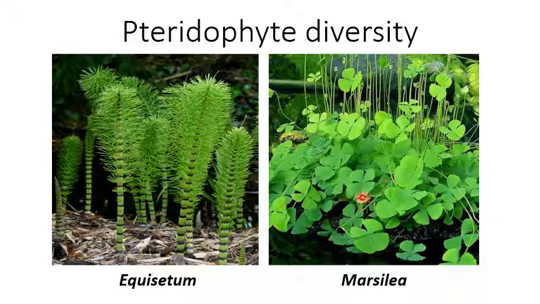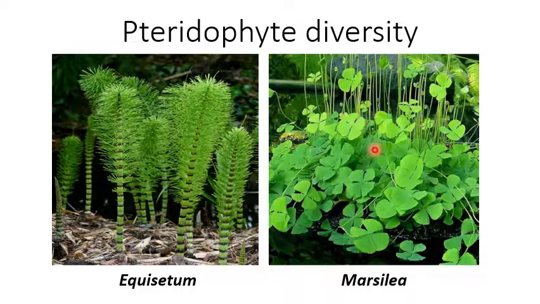And another example of pteridophyte is Marsilea. Actually this is an aquatic pteridophyte, and their leaves are compound. Here you can see quadrifoliate leaves, and the reproductive organs are in the form of sporocarps like this. Here some structures you can see.